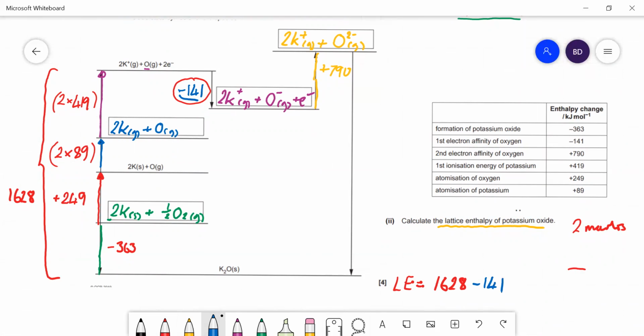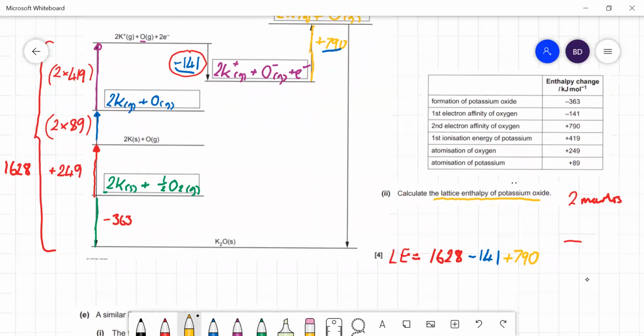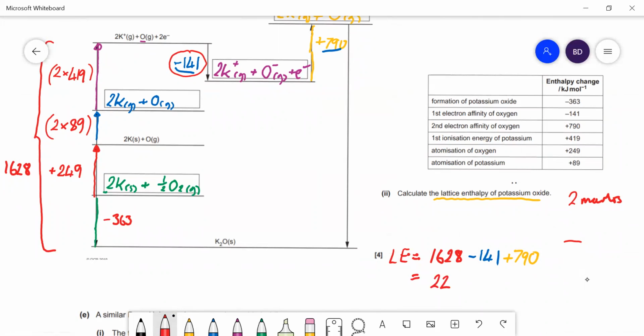It's going down a bit, and then we're going back up, so we're going to add that on there. That's plus 790. Okay, so we do all that, that gives us 2277 kilojoules per mole. Now we have to work out the sign.